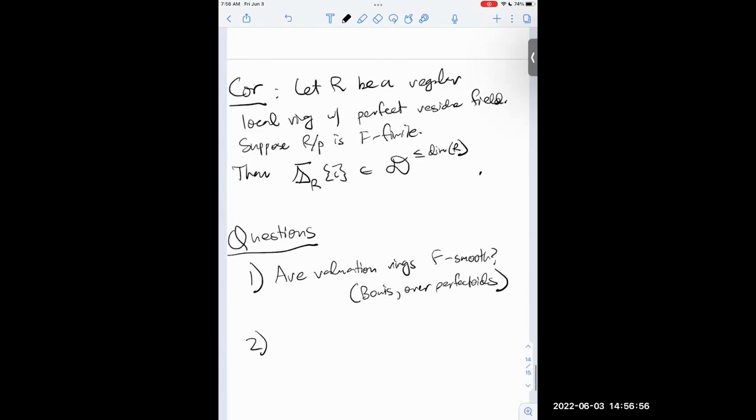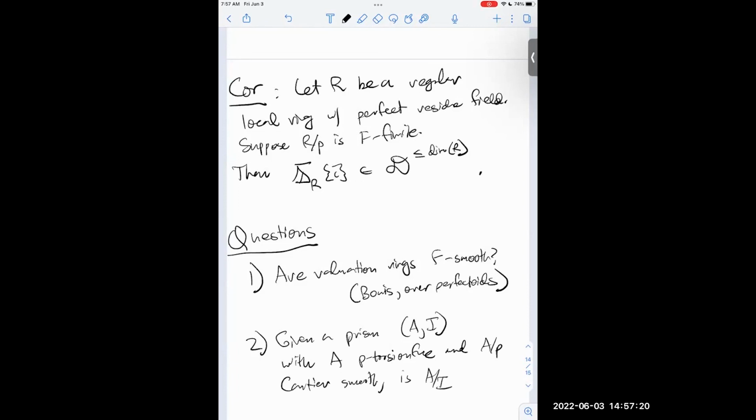And another question is that, given a prism (A, I) with A p-torsion free and A mod p Cartier smooth, is A mod I F smooth?